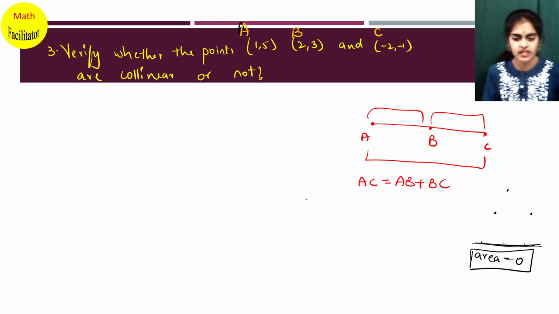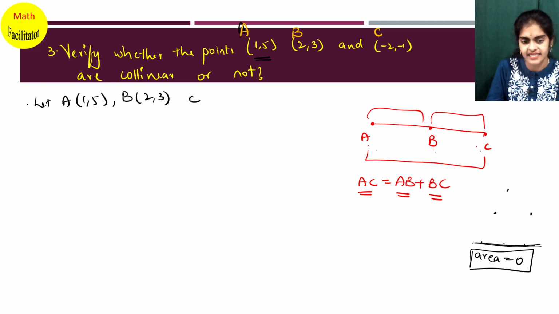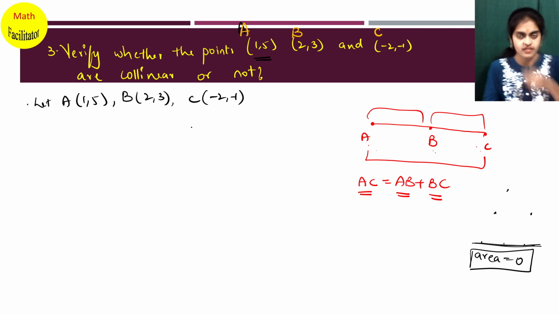So what you will do is, you will firstly find all the 3 distances you need here. You need A to C, A to B and B to C. Okay, so we will find all the 3 distances here. So firstly, since this point I have considered as A, let A be 1, 5, B is 2, 3 and C is minus 2, minus 1.